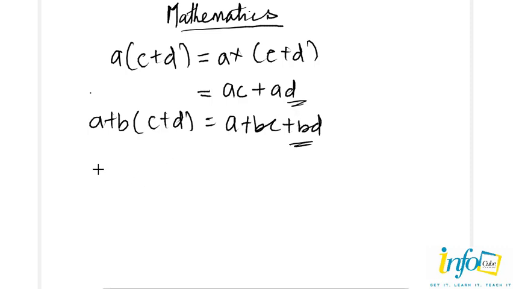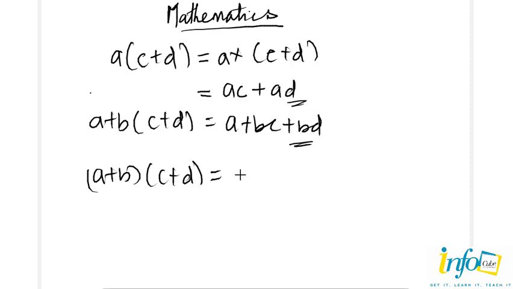Another example you will see is A plus B multiplying C plus D. Now in this we're going to solve it in three methods. The first method is by using this bracket to multiply all the things in this bracket. What it means is that the individual terms in this bracket will multiply the individual terms in this bracket.